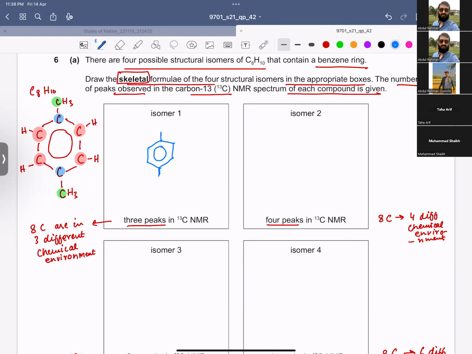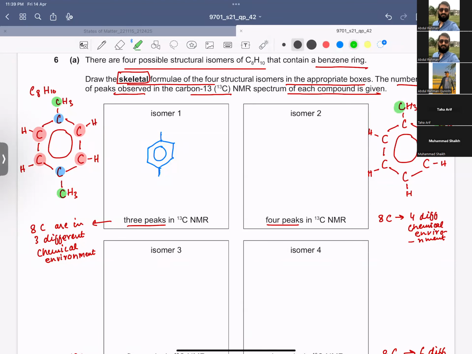Now, for isomer 2, we need 4 different chemical environments, right? So if I put 1 CH3 over here and 1 CH3 over here and 4 hydrogens, let's have a look.